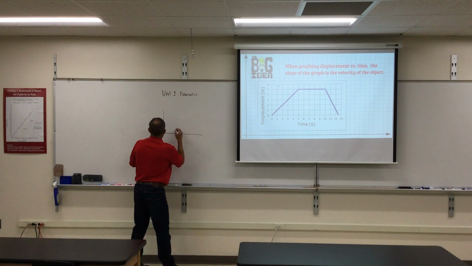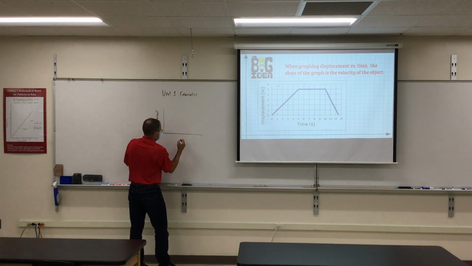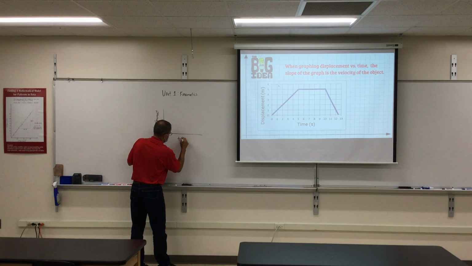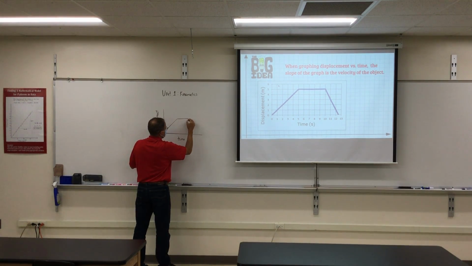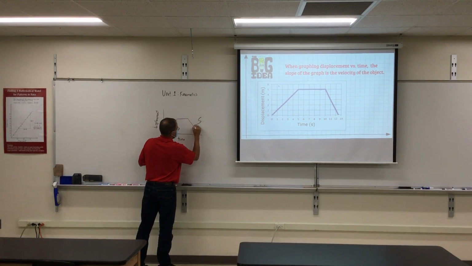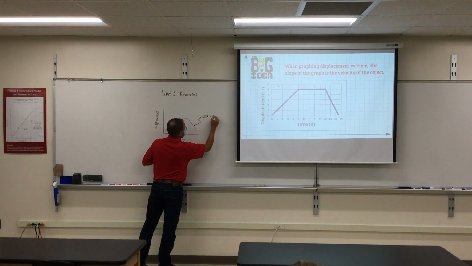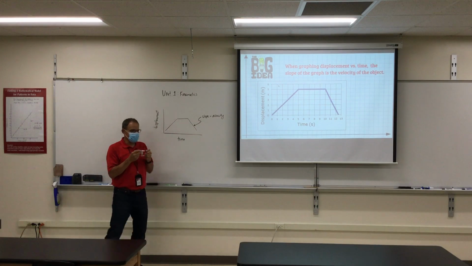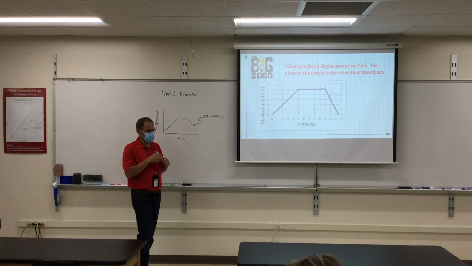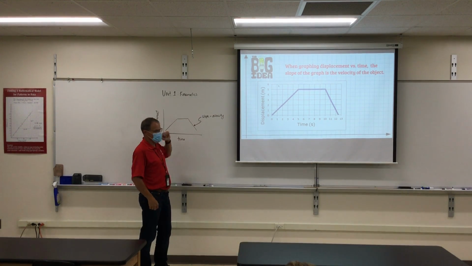When we make a graph of displacement and time, whatever it looks like, it doesn't matter what it looks like, the slope of that graph is the velocity of the object. That's the big idea for the first unit, believe it or not. When we graph displacement versus time, the slope is the velocity.